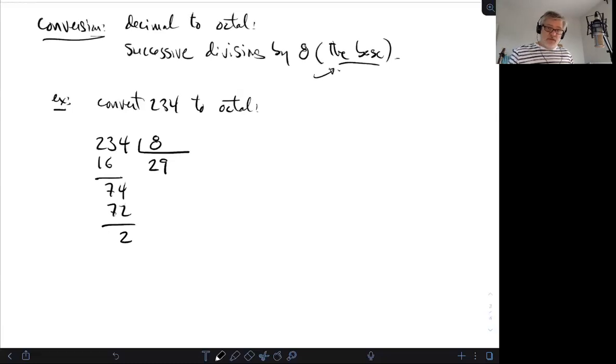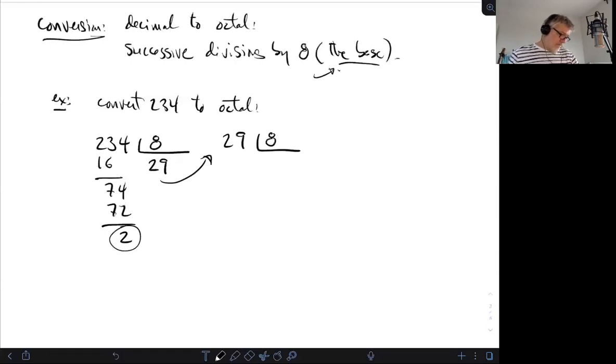Okay, so what's the next step? You take your 29, right? This is your remainder, 2. Okay, so then you repeat with 29, divide by 8. You see that you'll have less divisions to do than by 2, right? If you have divisions by 2, the divisions are easy, but you have tons of them. If you're dividing by 8, divisions are a bit longer, but you have much less to do.